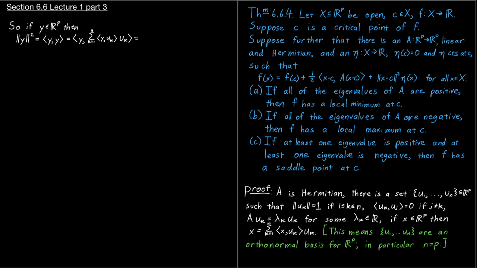And now we remember that the inner product is bilinear. That means it's linear in either of its two elements. So we can break this sum up. And then we can go ahead and pull out the inner product of y with uk.